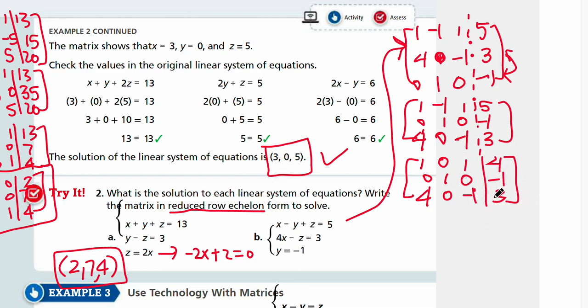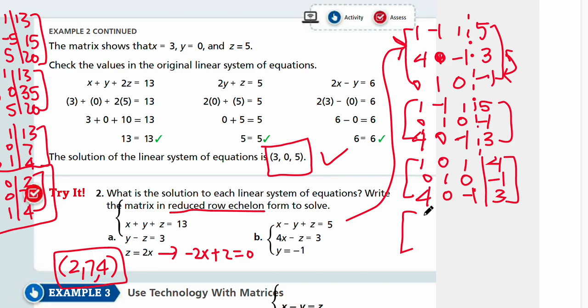Okay. And then, what next? We want to make this 0, and we want to make this 1. We want to make that 0. So first, we can add the first row and the third row, so we can get 0 over here, right? And then we can replace the first row by doing so.